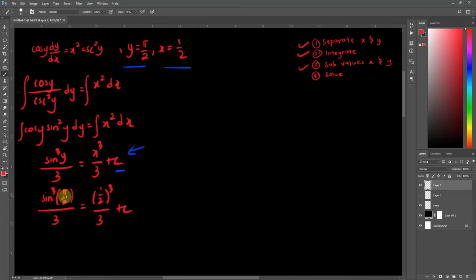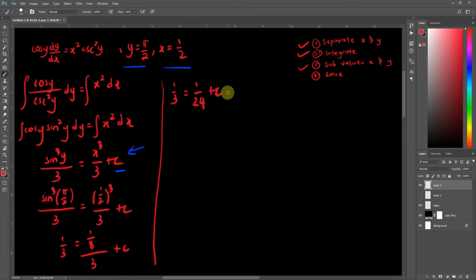Sine cube pi over 2 is just 1, so this part is 1 over 3, equals 1 over 2 to the power of 3, which is 1 over 8, divided by 3, plus c. So we continue on this side. It is 1 over 3 equals 1 over 8 divided by 3, which is 1 over 24, plus c.